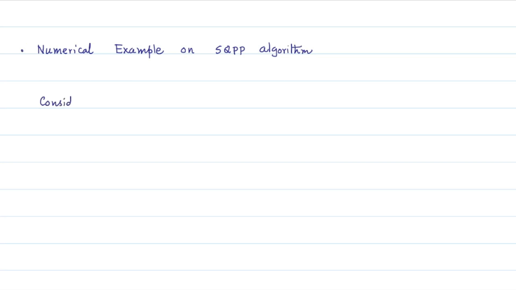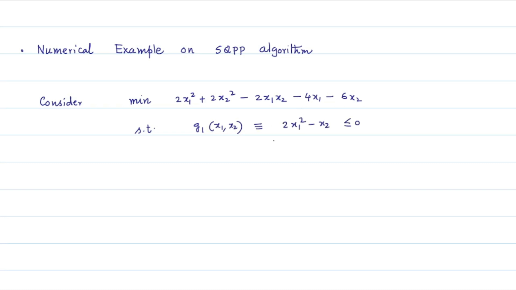We consider to solve the problem to minimize 2x1 square plus 2x2 square minus 2x1 x2 minus 4x1 minus 6x2 subject to the constraints that, this is your first inequality constraint.